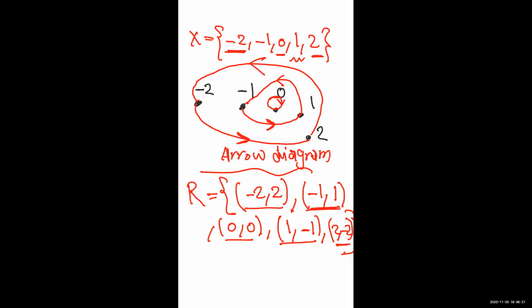Okay, the next question. If the opposite arrow diagram represents the relation R on X, so there are some elements like A, B, C, D, E, like this.